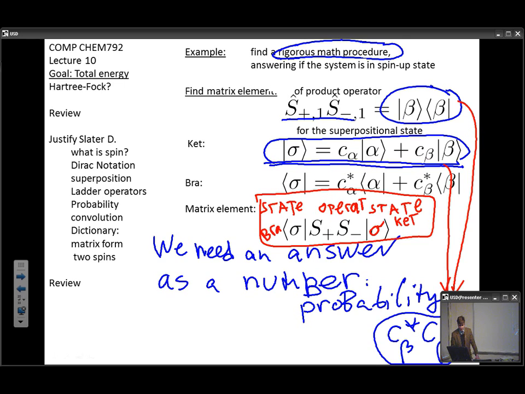So the bra state means that you change the arrow here for alpha and beta, and you add the complex conjugation for the coefficient, and redirect arrows.